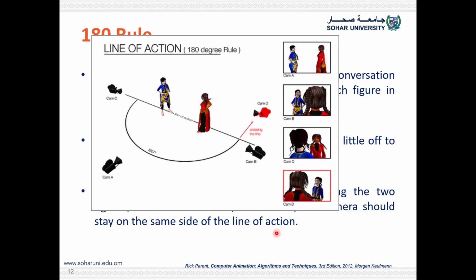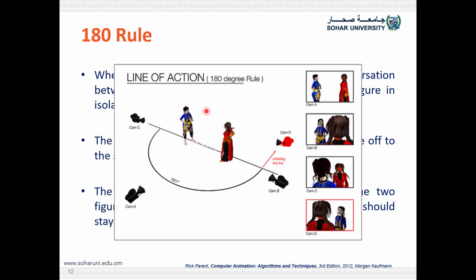Now let us go back to the figure again. So here we have two figures, they have a conversation together. So the camera is moving from one side, for example, let us consider the left side. So the camera is moving in 180 degrees here, but one side will not go to the other side. It is not crossing this line.